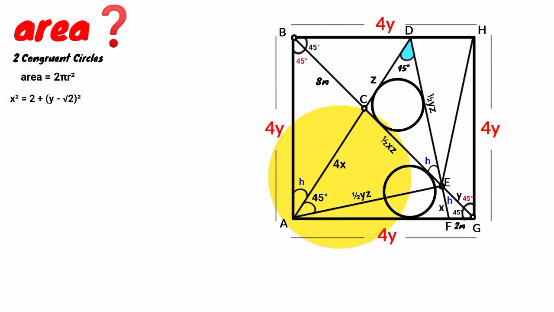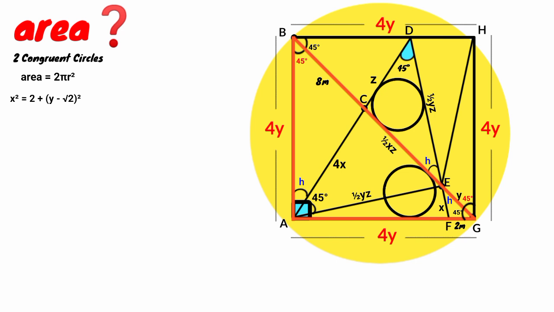Here, we know this angle is an angle of a square. Hence, it is a right angle. If we look at this triangle, it is a right angle triangle. We use the Pythagorean theorem on it. This is the hypotenuse.